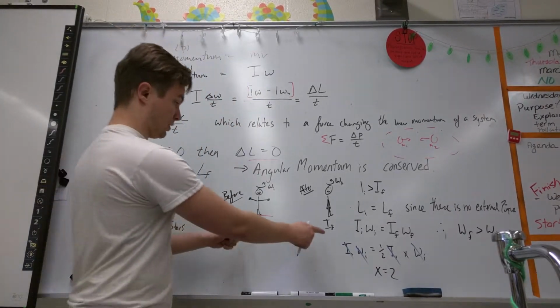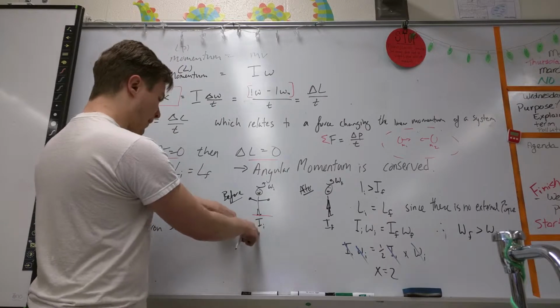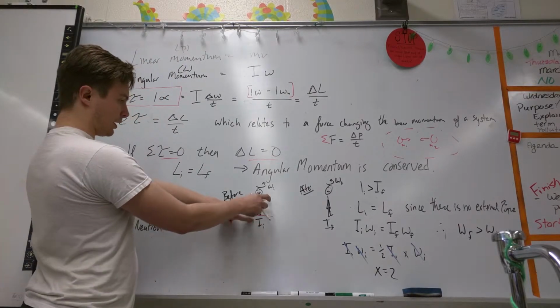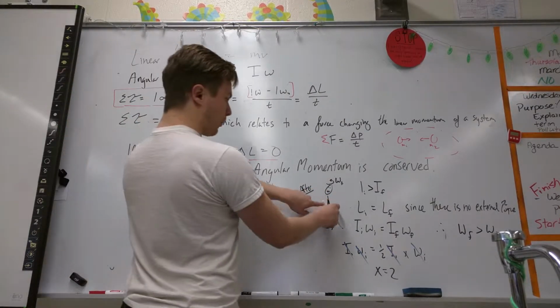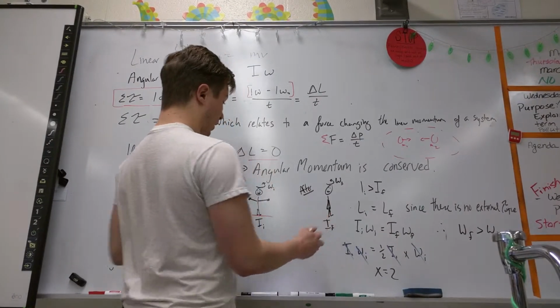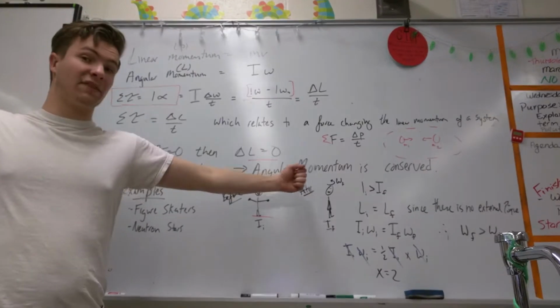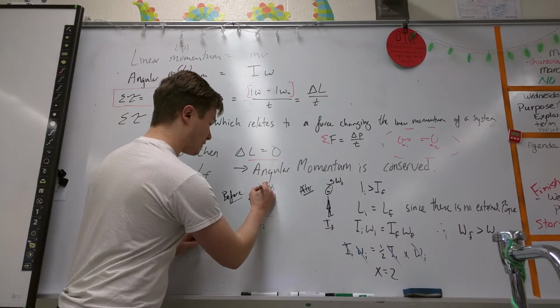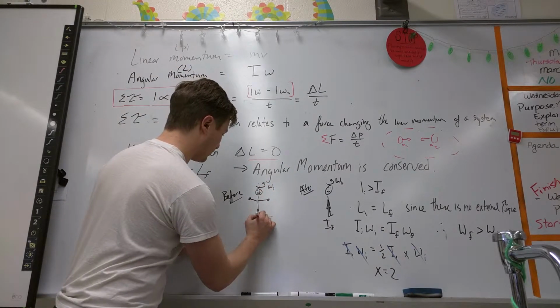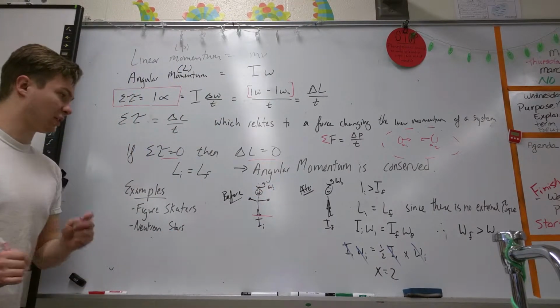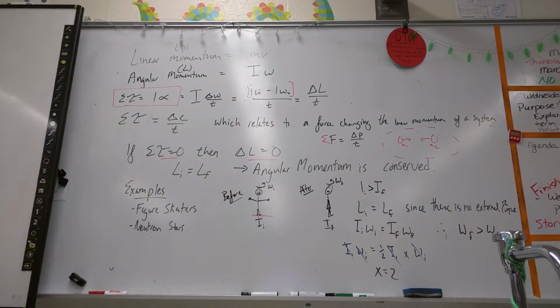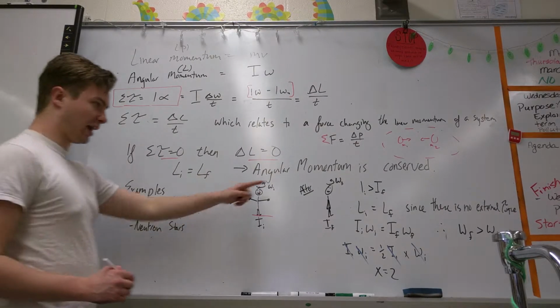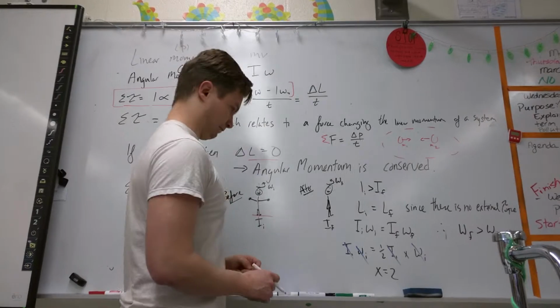So what's different about these two cases? Well, I would expect that the moment of inertia here would be greater than the moment of inertia of the skater here, because you have more mass extended further away from the axis of rotation, being right down the middle of that figure skater. So I initial is greater than I final.